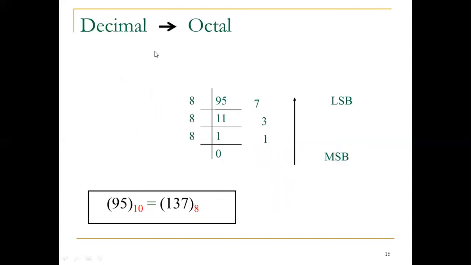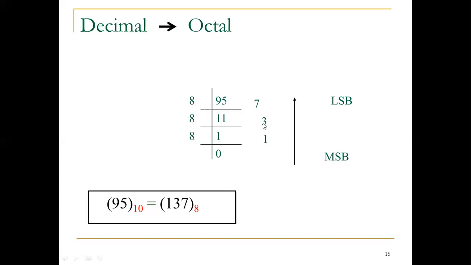Then we have to convert decimal into the equivalent octal number. Suppose you have the decimal number 95, and we have to convert it into the equivalent octal number. So 95 divided by 8, the quotient is 11 and the remainder is 7. Then again you continue this up to 0.